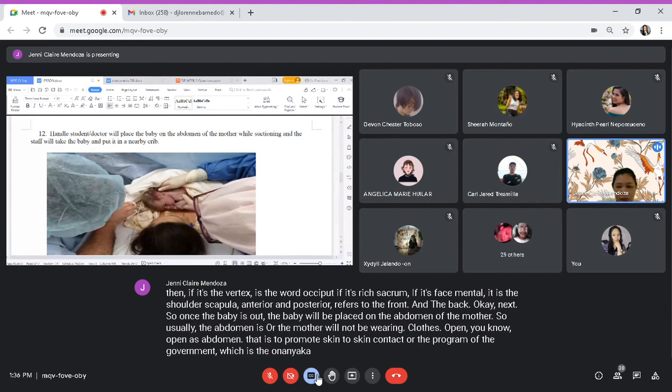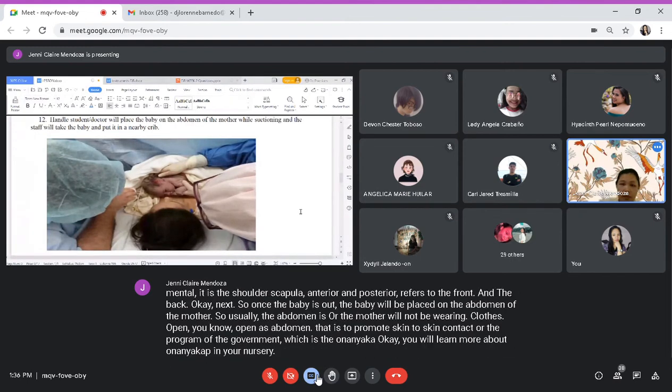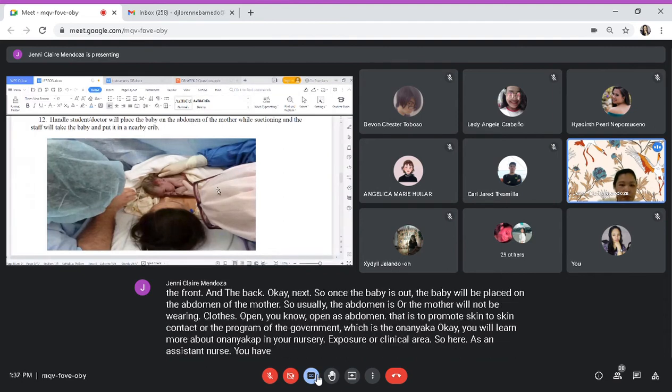You will learn about Unang Yakap in your nursery exposure or clinical area. Here, as an assisting nurse, you have nothing to do, so just watch and observe the baby.